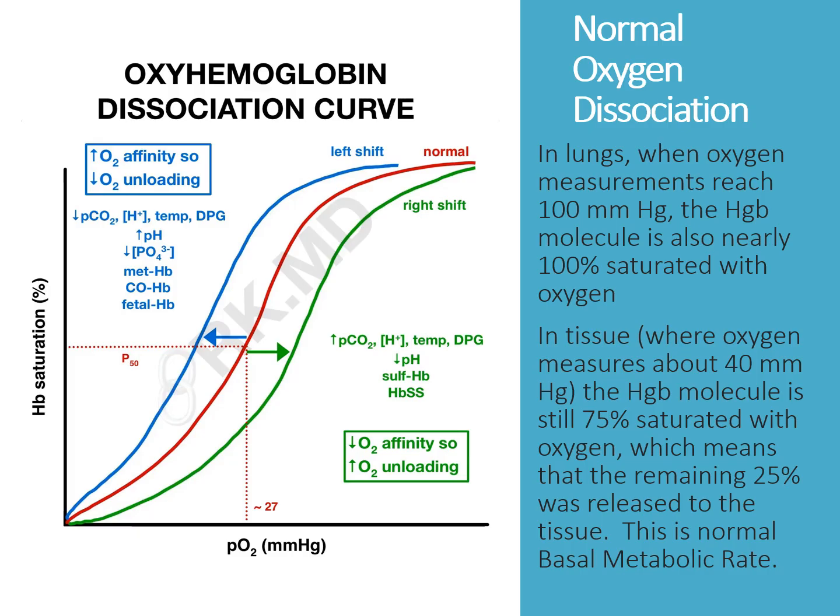And I want you to think about it for a minute. If we only offload about 25% of the oxygen bound to our hemoglobin, this is one of the reasons why when we are resuscitating a person using CPR, we're still able to deliver oxygen through artificial respiration and through circulation with those chest compressions. So really important to remember, we don't offload all of our oxygen at once.